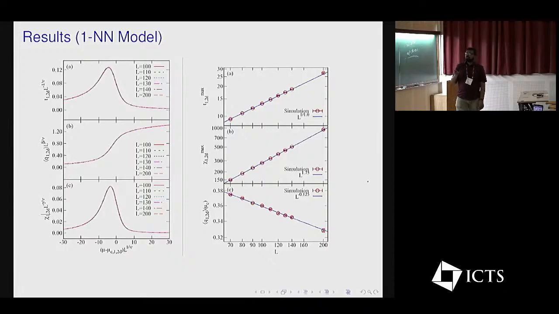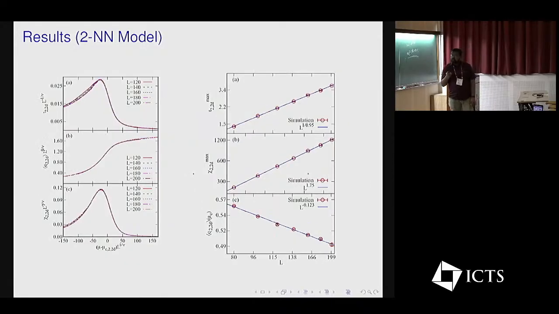If we plot the maxima of the t value, the susceptibility, and the average order parameter, we see a straight line on a log scale, and one can get the critical exponents. The exponents we get are nu equal to 1, gamma by nu equal to 1.75, and beta by nu equal to 0.125. So we saw that this belongs to the Ising spin universality class.